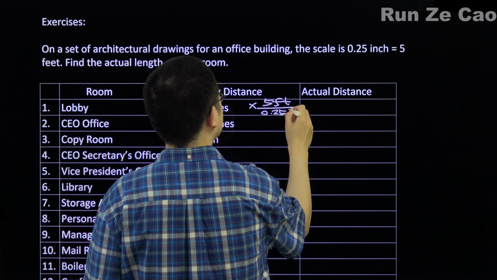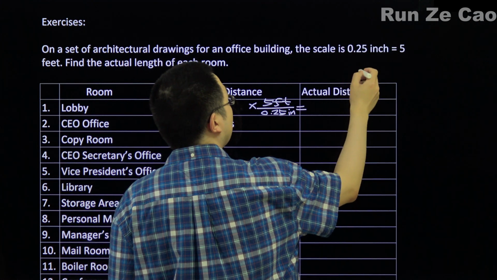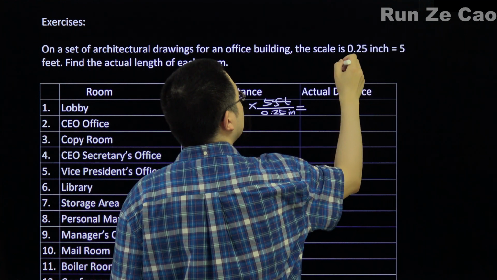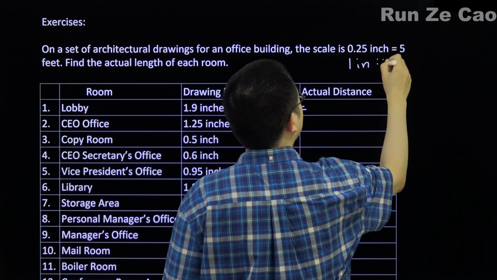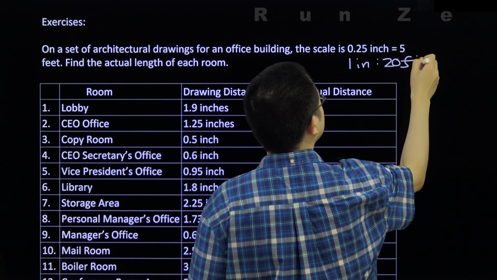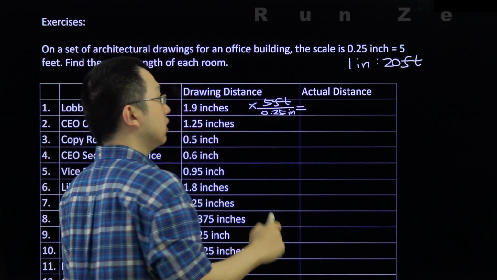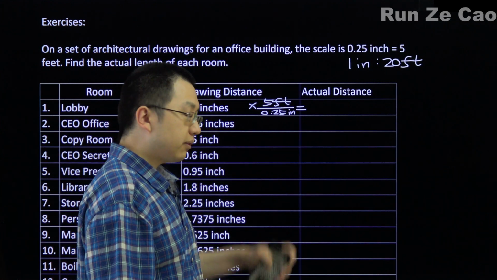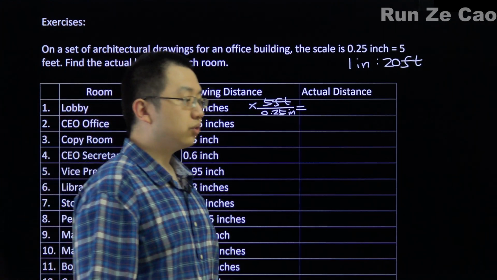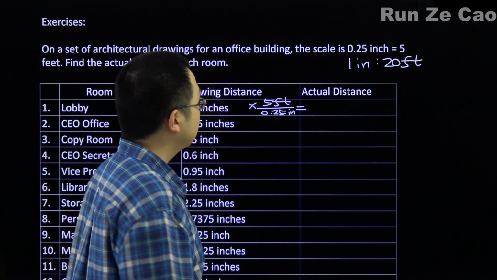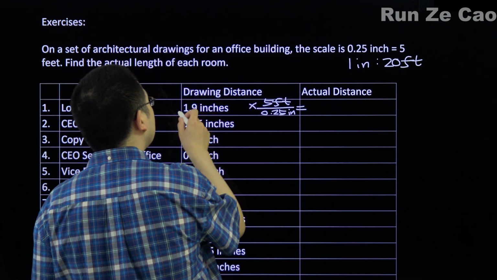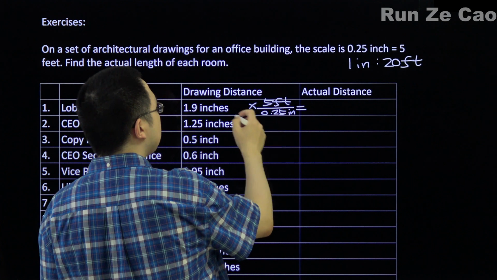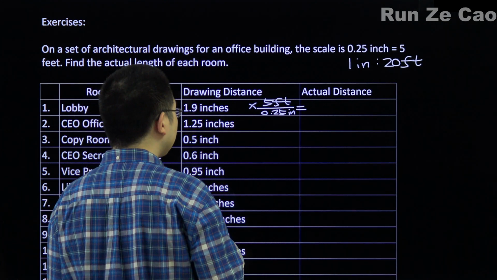0.25 inch. You could also convert the scale and make it 1 inch to 20 feet, because 5 divided by 0.25 is equal to 20. So you could go 1.9 inches multiplied by 20 feet per 1 inch.